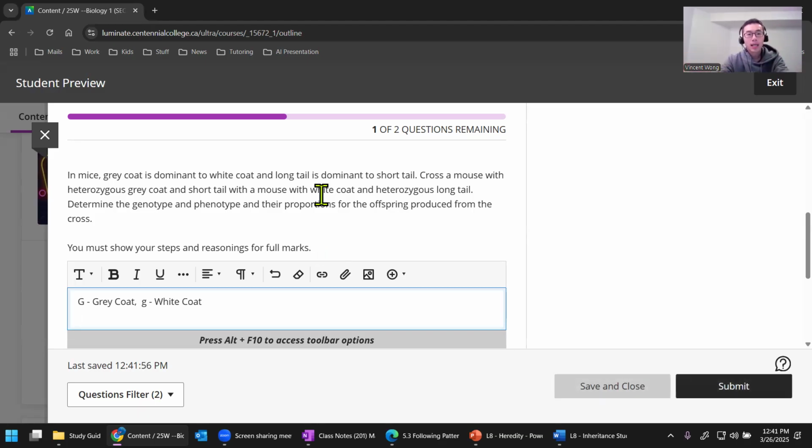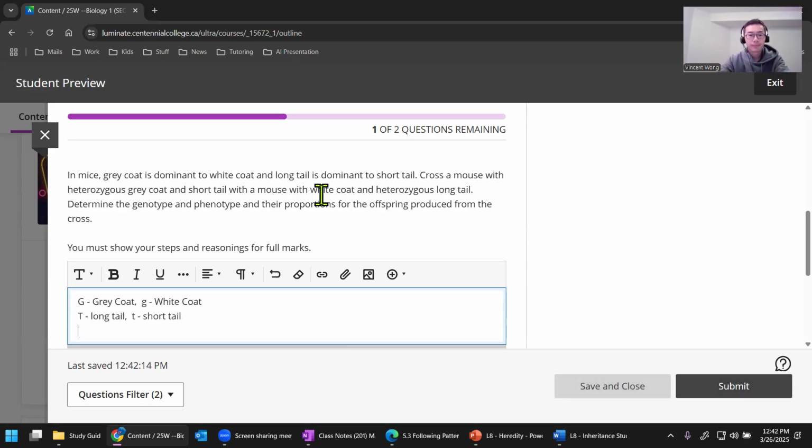And then long tail is dominant to short. So you can use capital T for long tail and then small t for short tail. Okay. Next, cross a mouse with heterozygous gray coat and short tail.